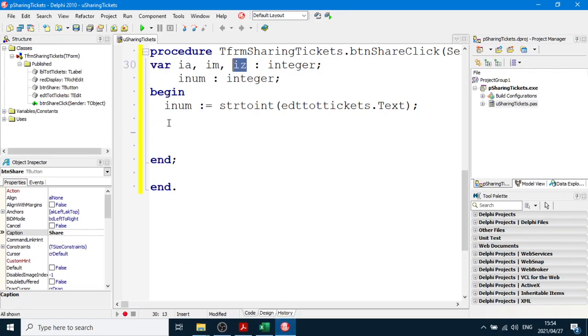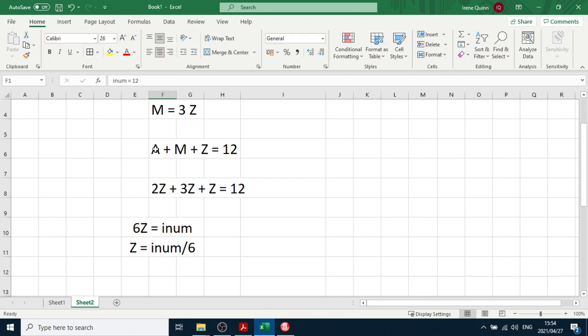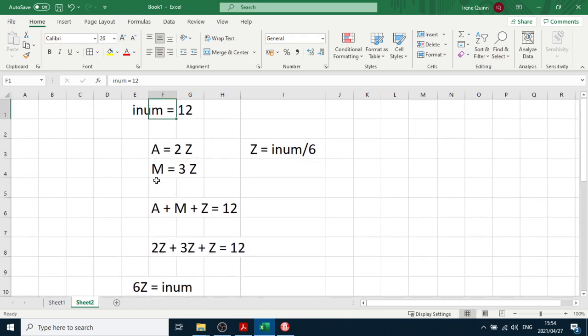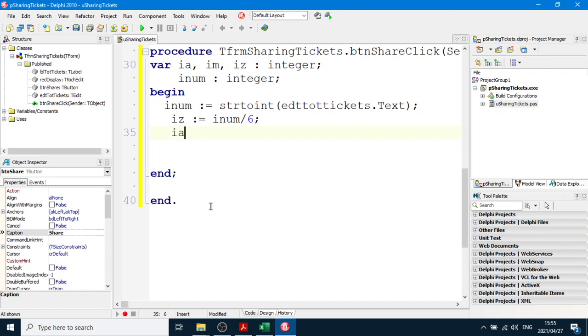We're going to say rZ equals rNum divided by 6. And then we can say what rA is: rA equals 2 times rZ and rM equals 3 times rZ. And there are our numbers.